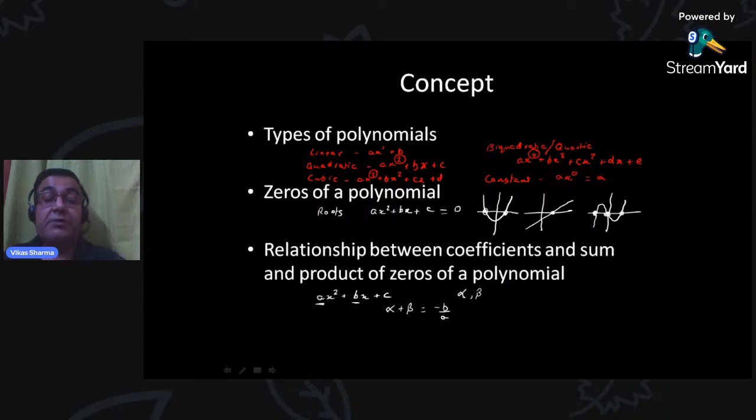And similarly, the product of the roots, alpha beta, is nothing but c upon a. So take c divided by a, and that will give you the product of the two roots.